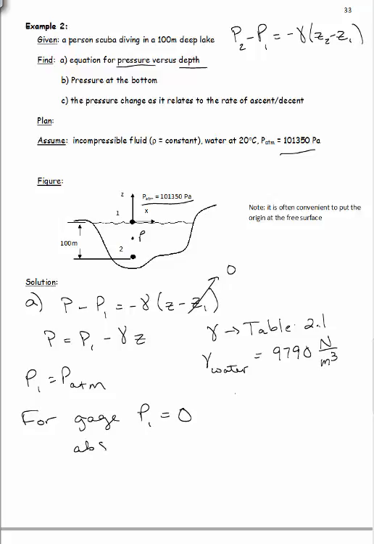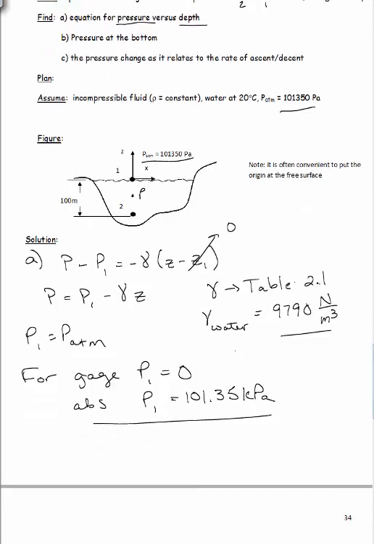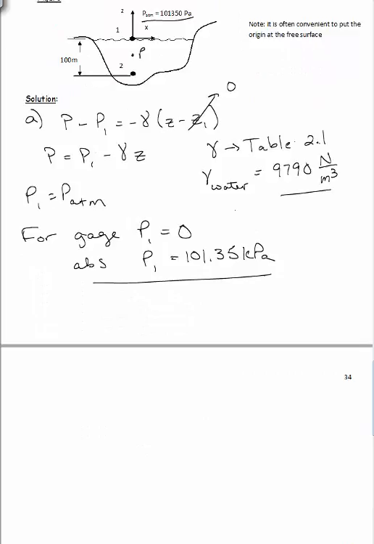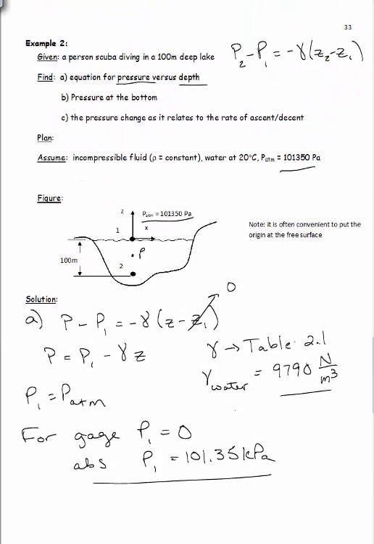For absolute, P1 equals 101.35 kilopascals. We can plug those two values, gamma and P1, in and get our equation. Let's just say that's done. Either one of those would be right on a test, as long as you indicate whether your final answer is in gauge or absolute.